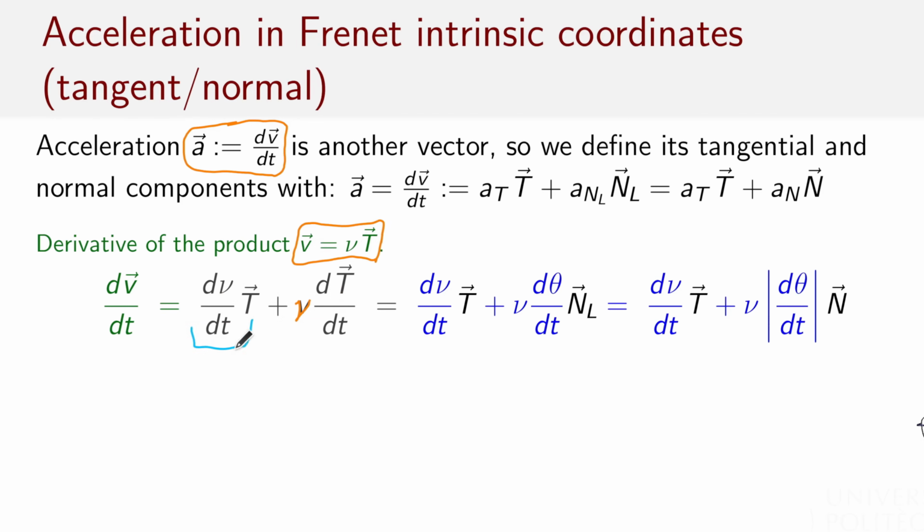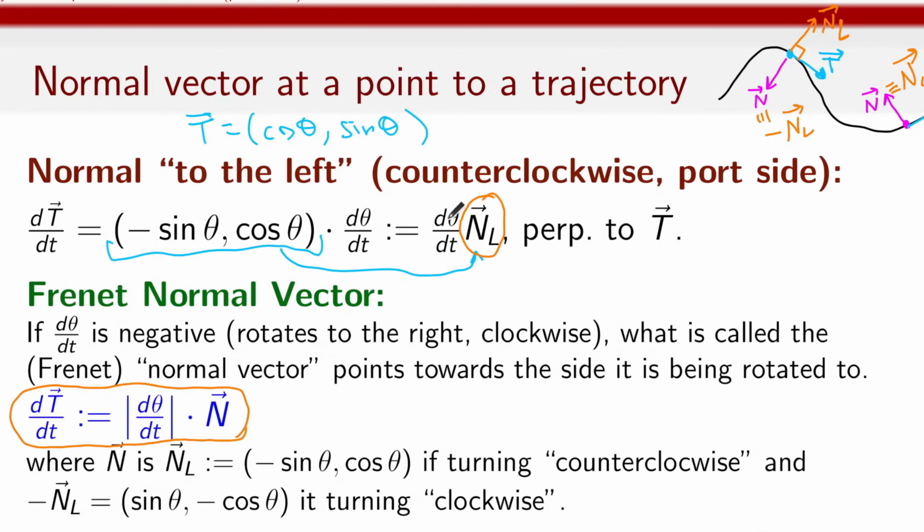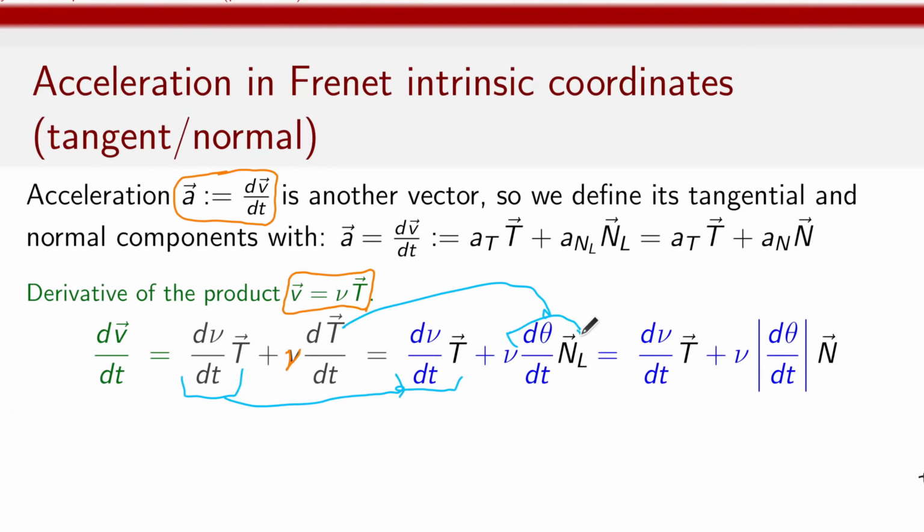This fragment will be kept unchanged here, and the derivative of t will be either this thing or this absolute value thing. So we will replace it in the acceleration formula, giving either this or this expression, depending on which normal definition we are using.